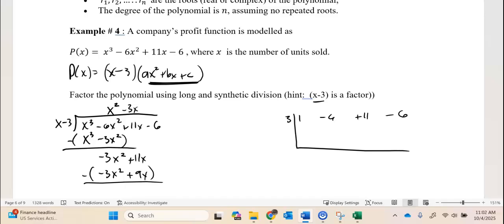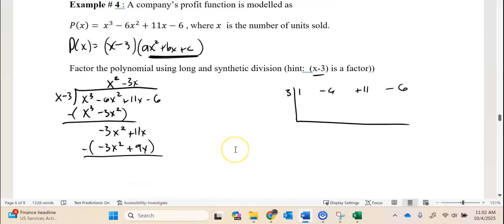Remember, that should give me 11 minus 9x, which is 2x. Bring down the 6. X goes into 2x 2 times. 2 times that expression is 2x minus 6. And we get remainder 0, and that's good.